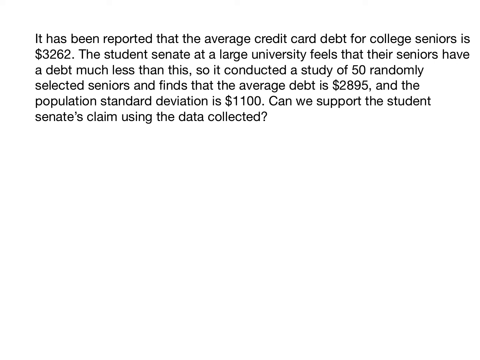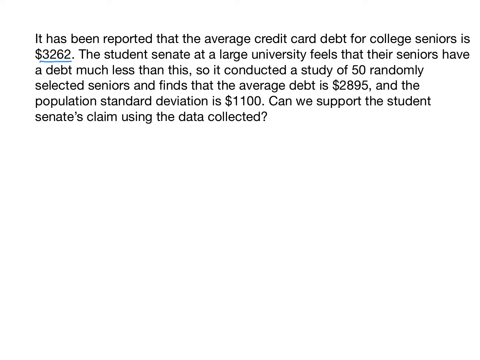I'll give you the vocabulary with our first example. It has been reported that the average credit card debt for college seniors is $3,262. This is all seniors, probably in the United States.